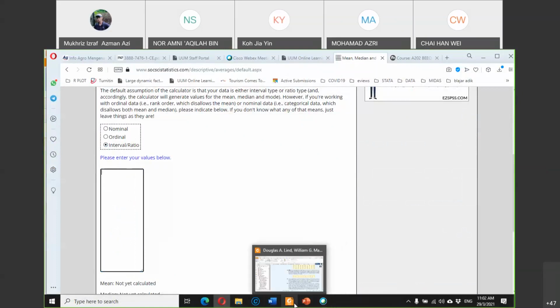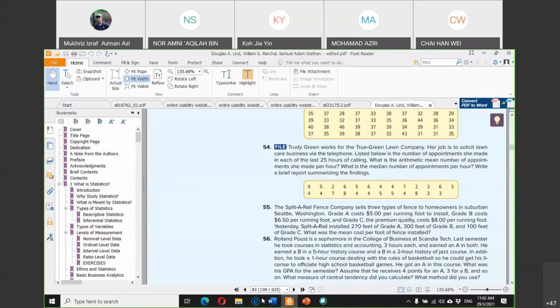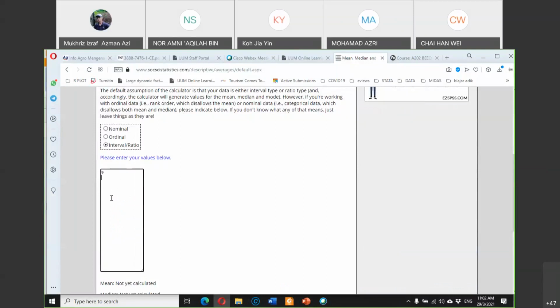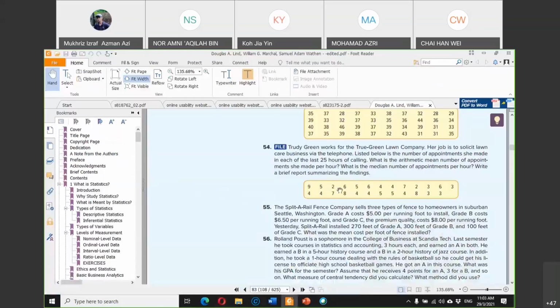You need to key in your data from top to bottom, meaning 9, then 5, 2, and continue with the values. The data is only keyed in as a column, and there shouldn't be any other number here. So 9, 5, 2, and then continue 6, 5 until the last number 3.